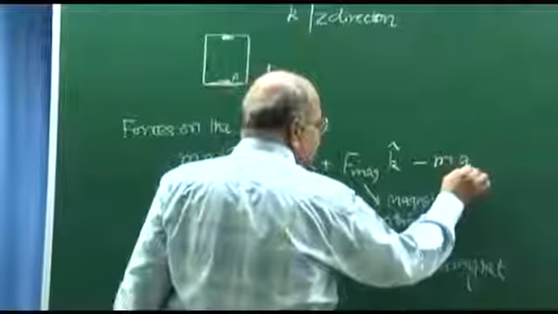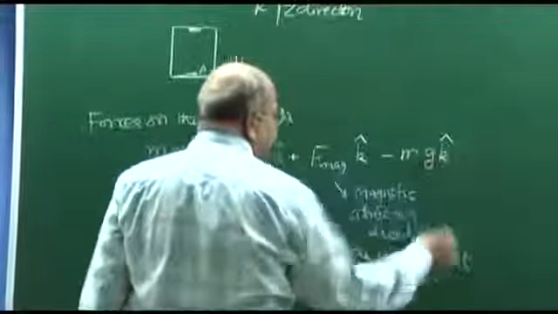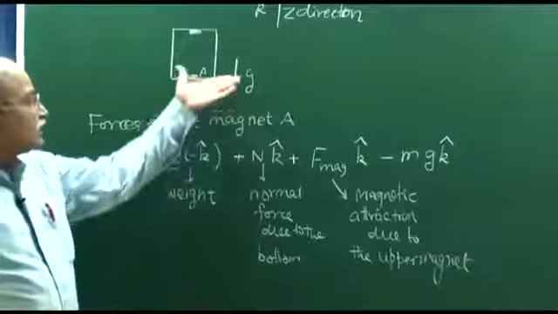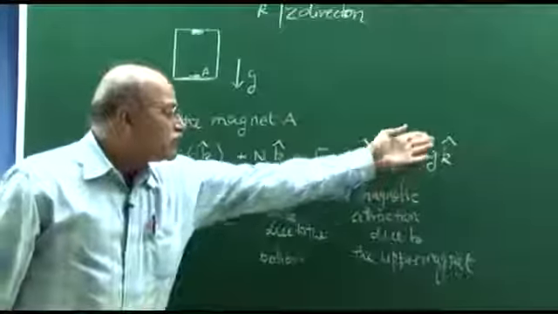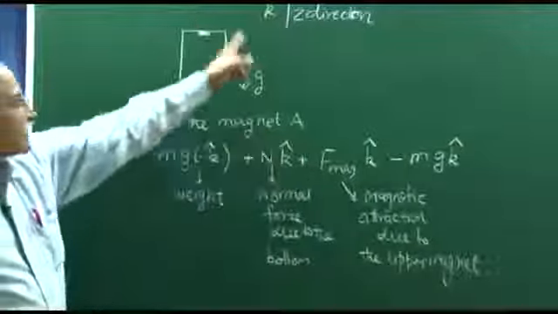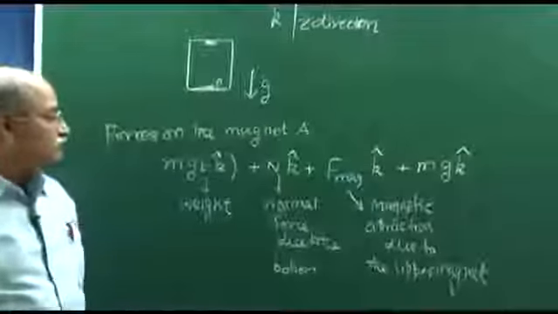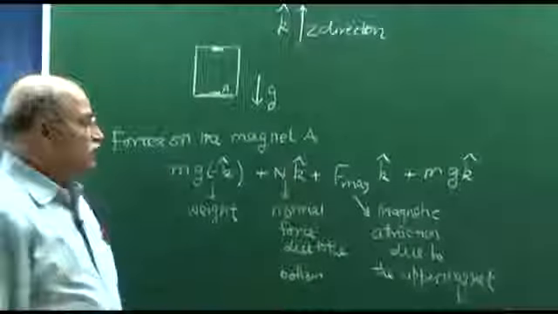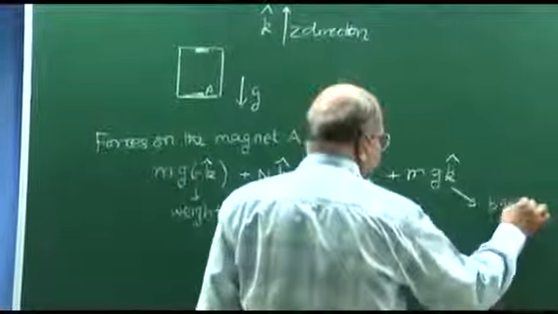So it is minus m times minus g k cap. Acceleration is in downward direction, and this pseudo force that I am writing is in upward direction, so plus mg k cap. So this is the pseudo force.